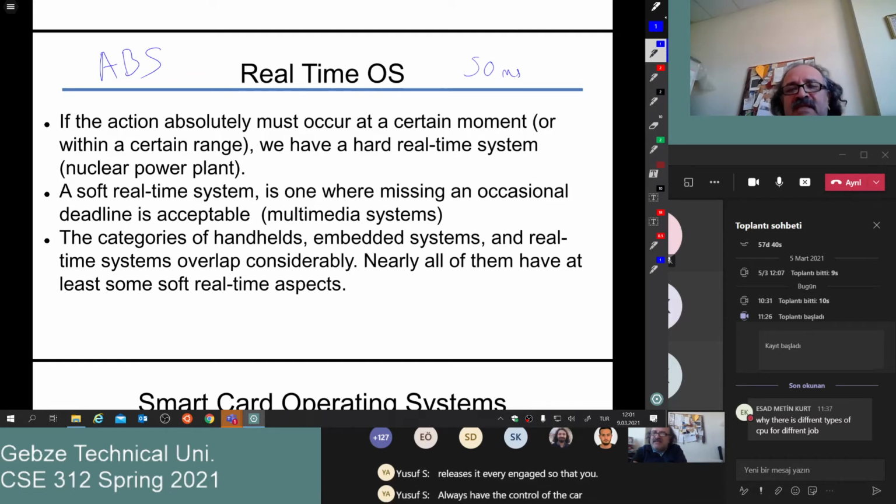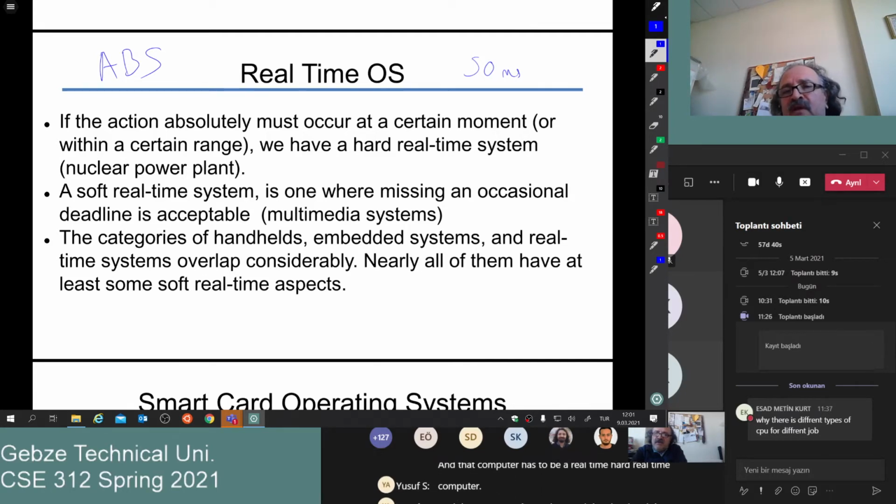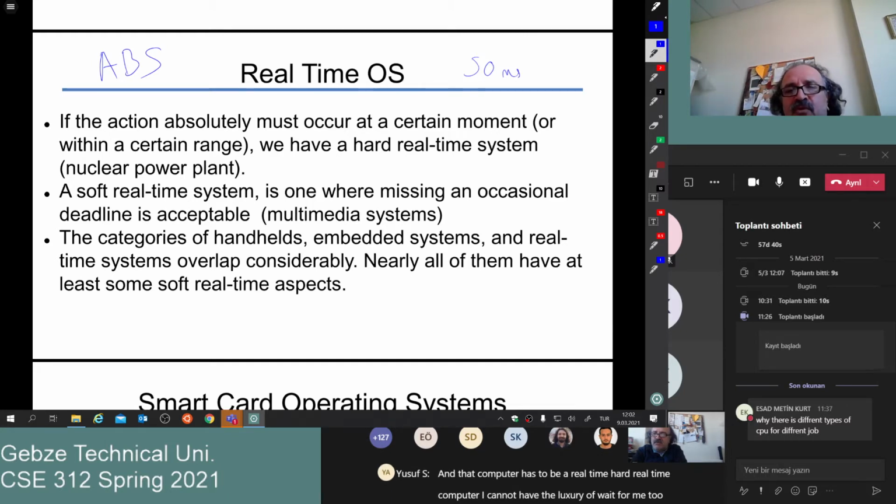Who is doing all that stuff? There is a computer doing it. And that computer has to be a real-time, hard real-time computer. I cannot have the luxury of waiting to load some data from the hard drive for that computer, because it is for safety. Human lives, we are talking about human lives here, so that has to be a real-time operating system.